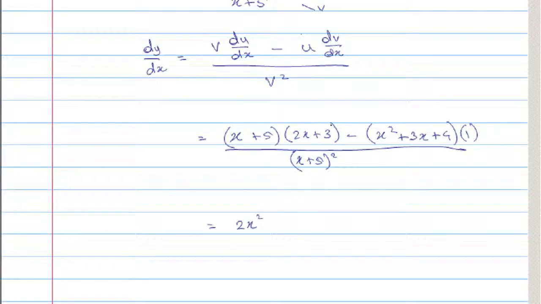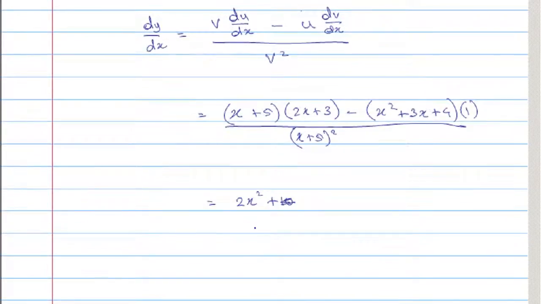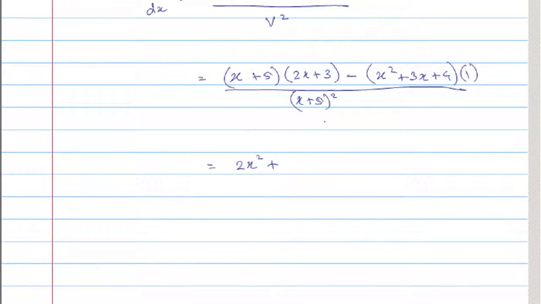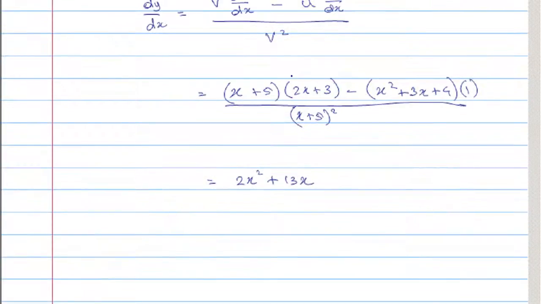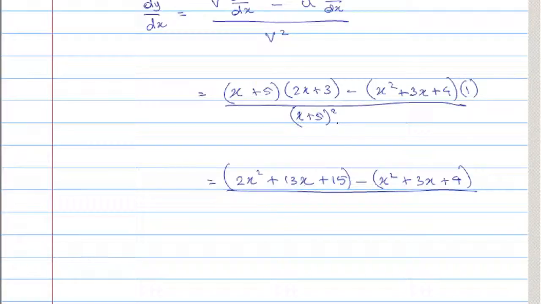Then I've got x times 3, that's 3x, plus 5 times 2x, that's 10x. So that gives plus 13x. Then I have plus 5 times 3, that gives plus 15. Then I've got minus x squared plus 3x plus 4 divided by x plus 5 squared. I'll leave the denominator factorized, so I don't want to expand it.